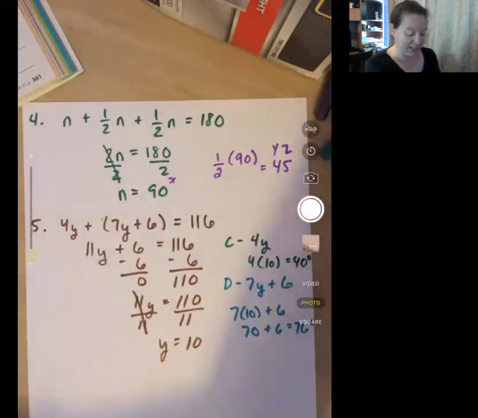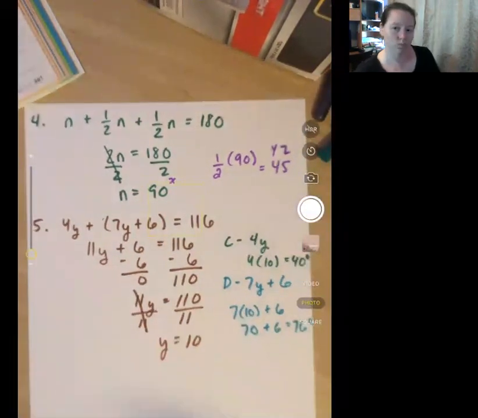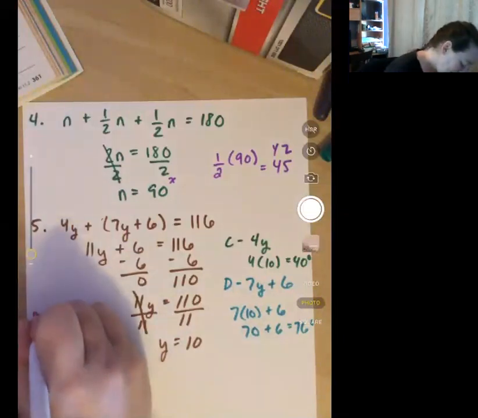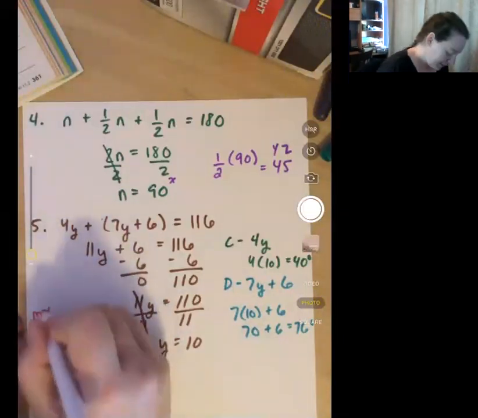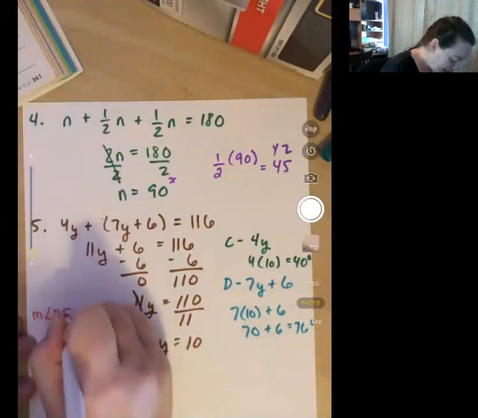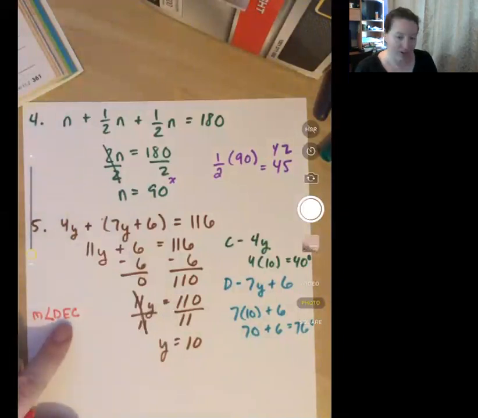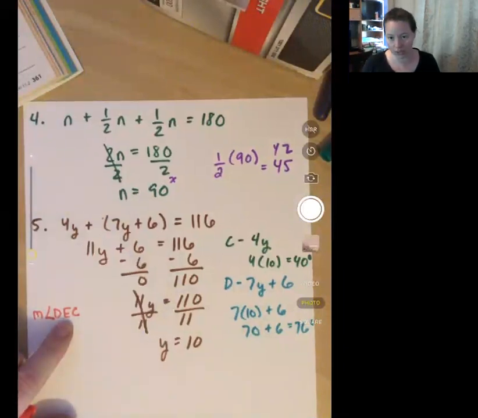Here's where it's starting to get a little tricky. How much were you paying attention to when we described how to figure out what angle they were referring to? Angle DEC. The middle letter, that E, is what tells you what point we're working with.